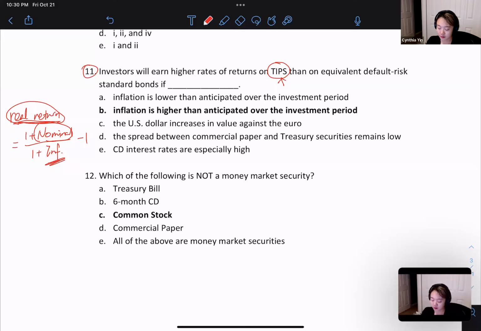Let's see the multiple choices. Inflation is lower than anticipated, meaning the inflation risk is not a problem. So the investors should not expect a higher return on TIPS.